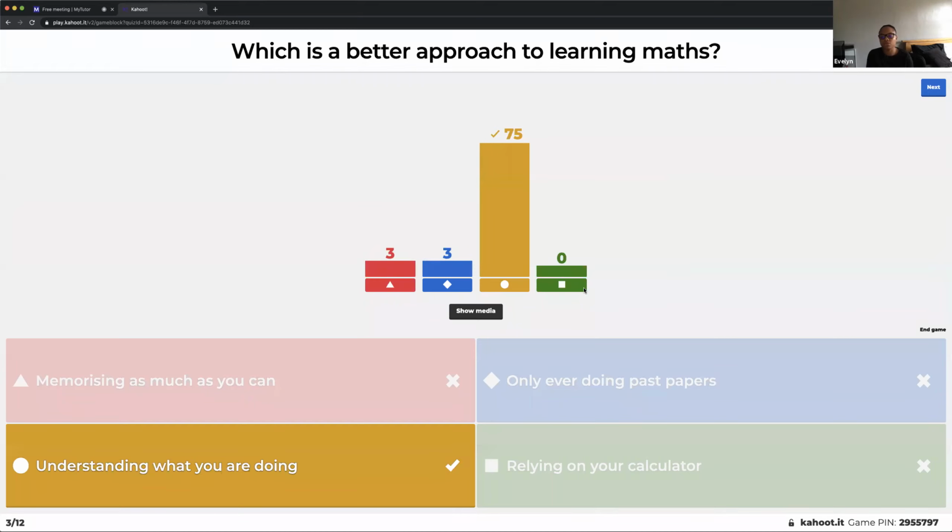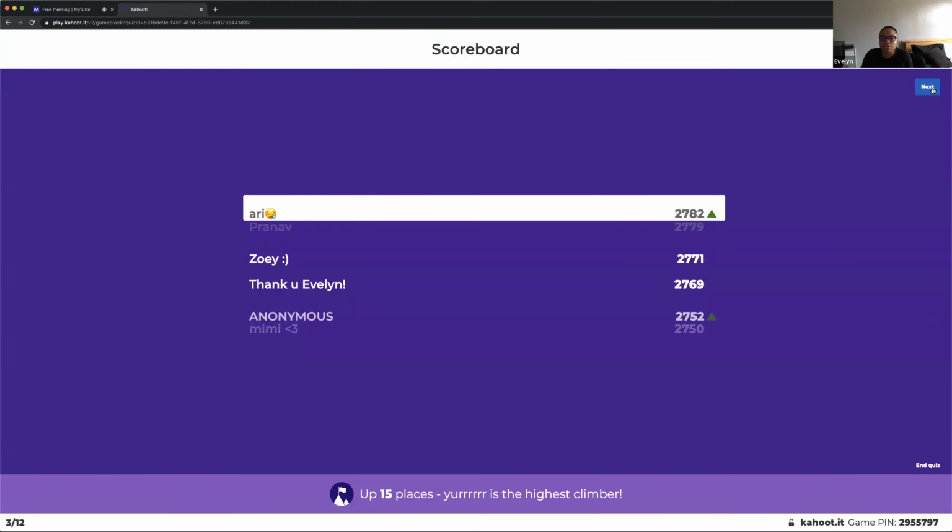If you only ever do past papers, you're not doing practice papers. Past papers are limited, and especially for your specification, I think there's only 2, because obviously there wasn't one last year. And don't rely on your calculator, because what happens when you're in a non-calculator paper? So always understand what you're doing. Brilliant. Well done for the top 5.